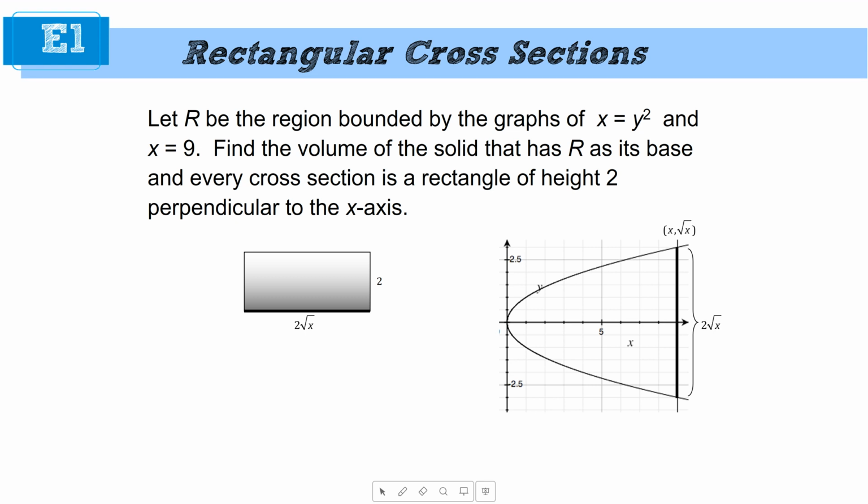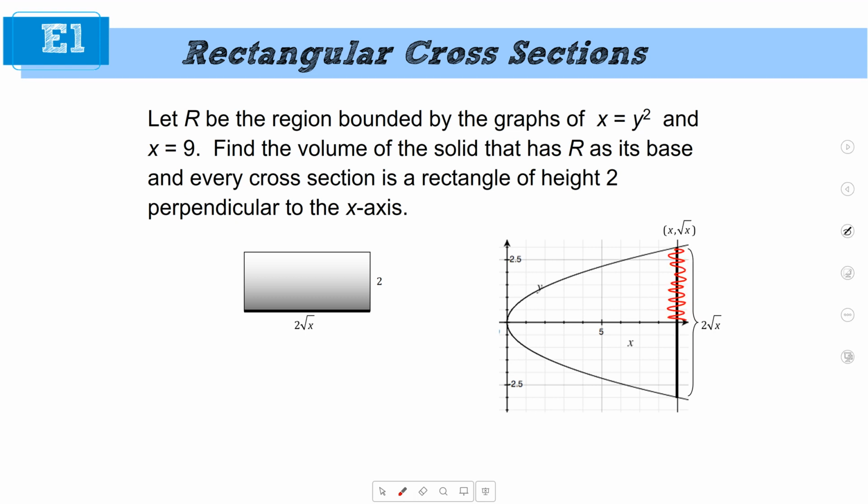What's f of x? Well, our f of x is written weird. It's written in terms of x, so I did a little bit of math in my head, which I think you're all with me on, and I took the square root of both sides. That's an important concept. Is everybody with me so far? Okay, so half of this representative rectangle is going to be the square root of x.